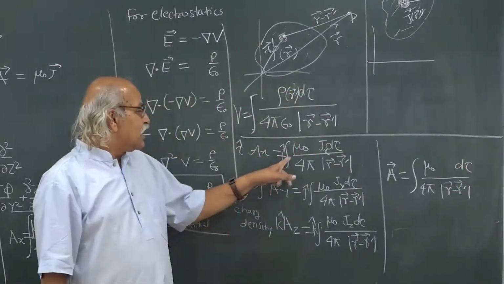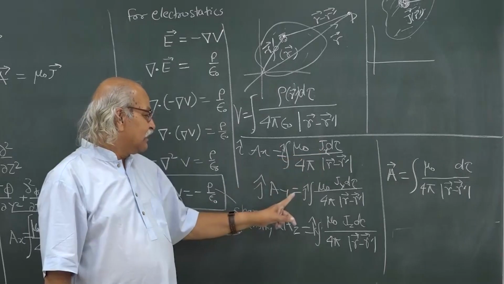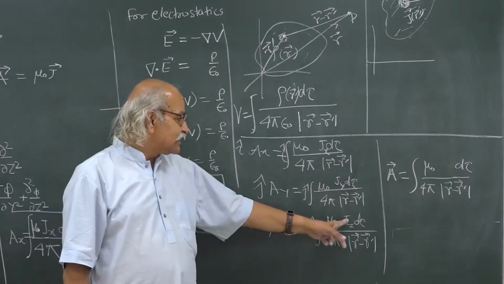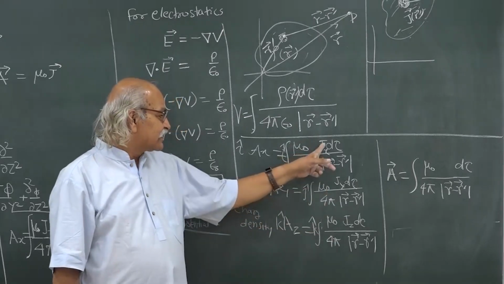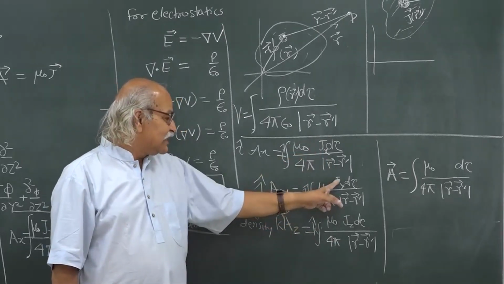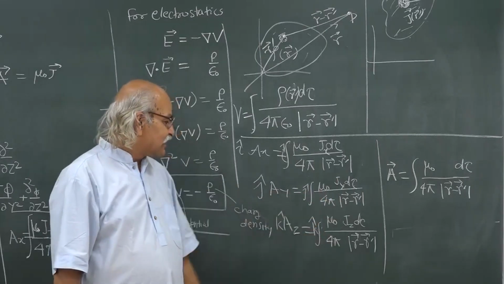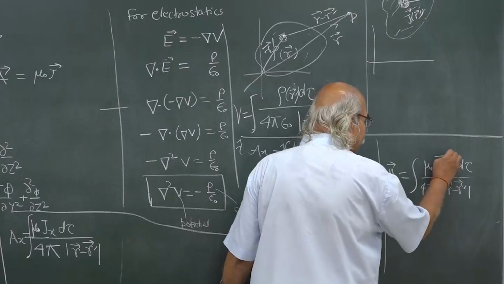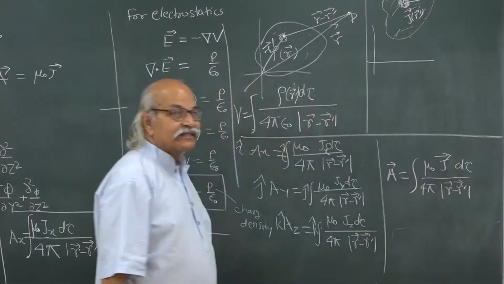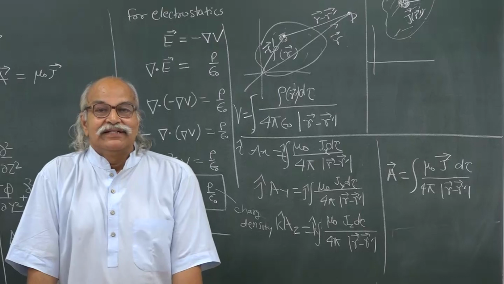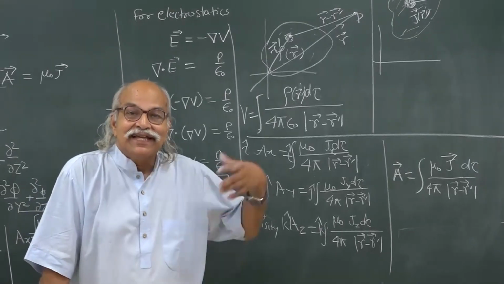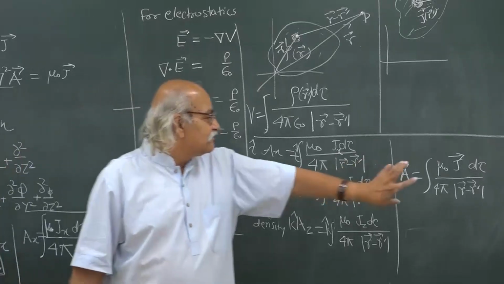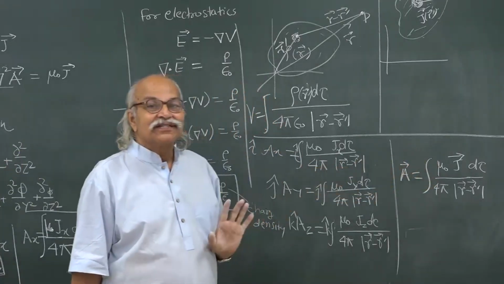Then i cap jx plus j cap jy plus k cap jz is just the j vector. So, that is the general expression. If the current density is known, I can write the vector potential using this.